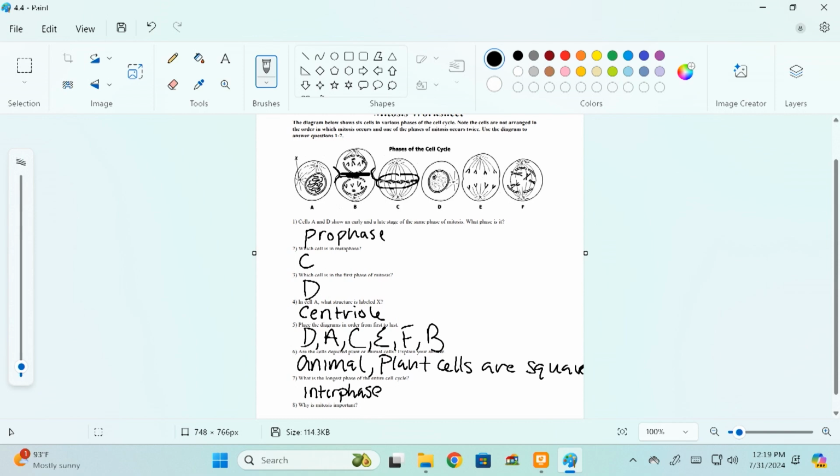So I'm going to put that it makes sure cells get the correct DNA. Okay? We really want to make sure those cells have the right DNA in them so they have directions to follow and they can do what they need to.